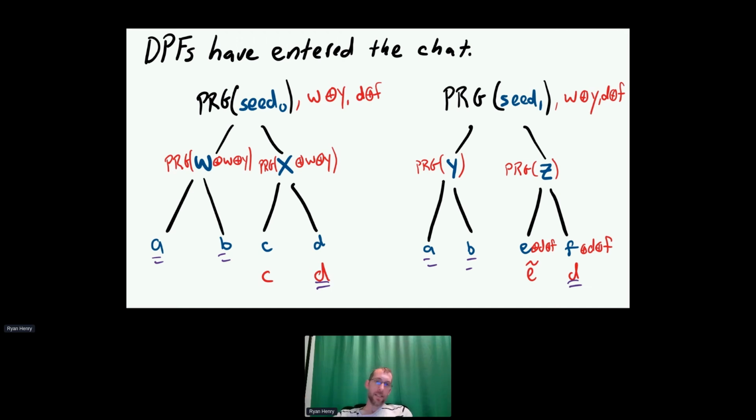If they don't both apply it, then there's nothing to cancel out, except along this path to the node that we want to be different. Along that path, we actually perturb these values in such a way that we guarantee that exactly one of them will apply it and the other one won't. But it's random which one does.